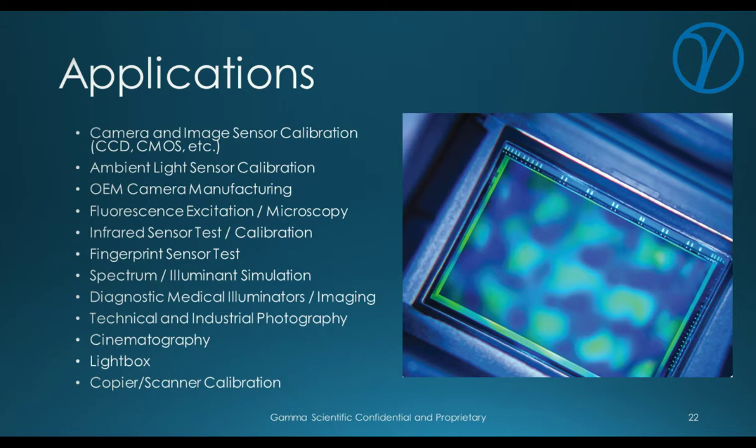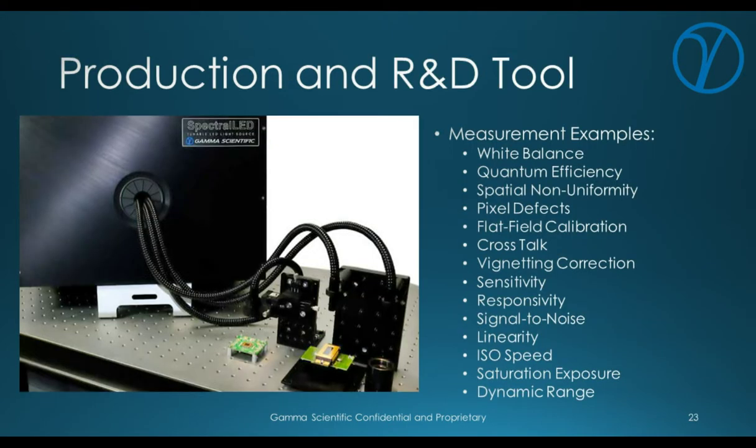We can also use this for fluorescence excitation or microscopy applications, infrared sensors, fingerprint sensors, quite a few different applications there, going into even photography and cinematography applications as well. Moving into the measurement applications that might be of interest, there are things like white balance, quantum efficiency, pixel defects.